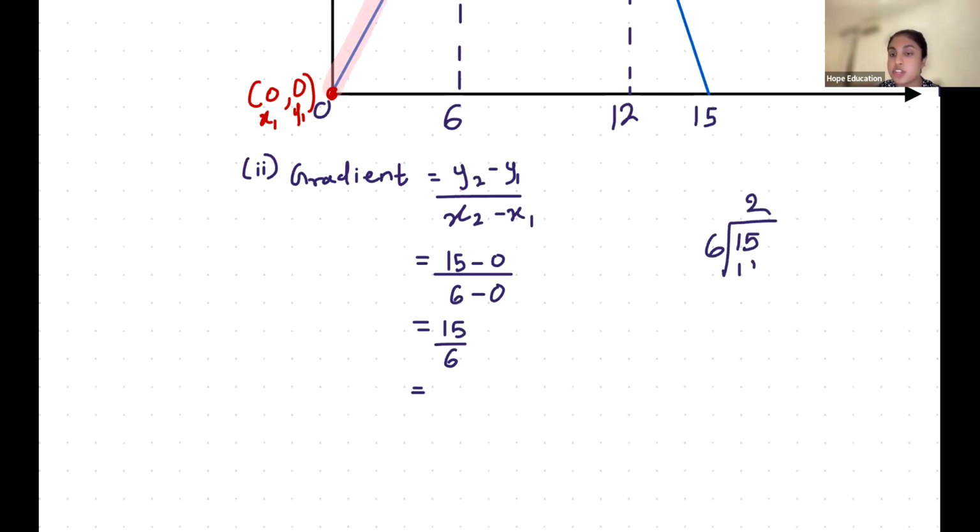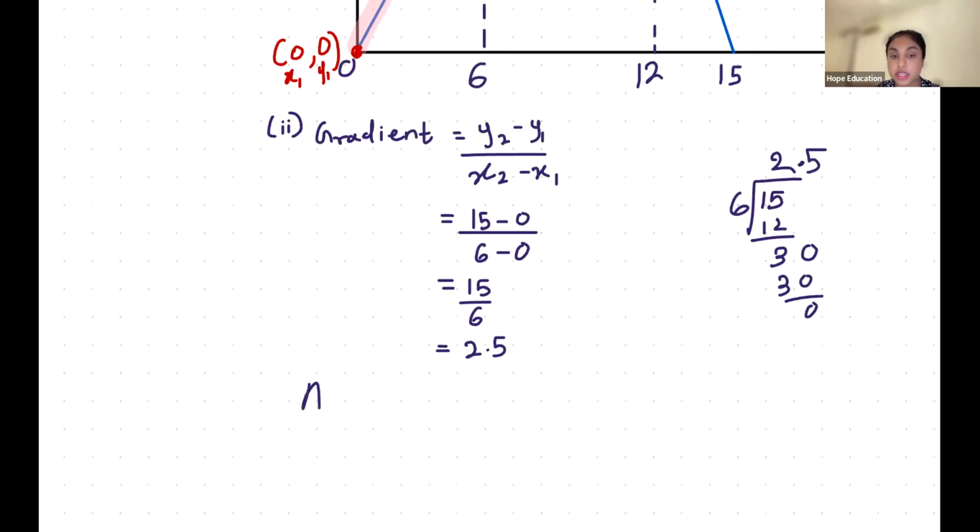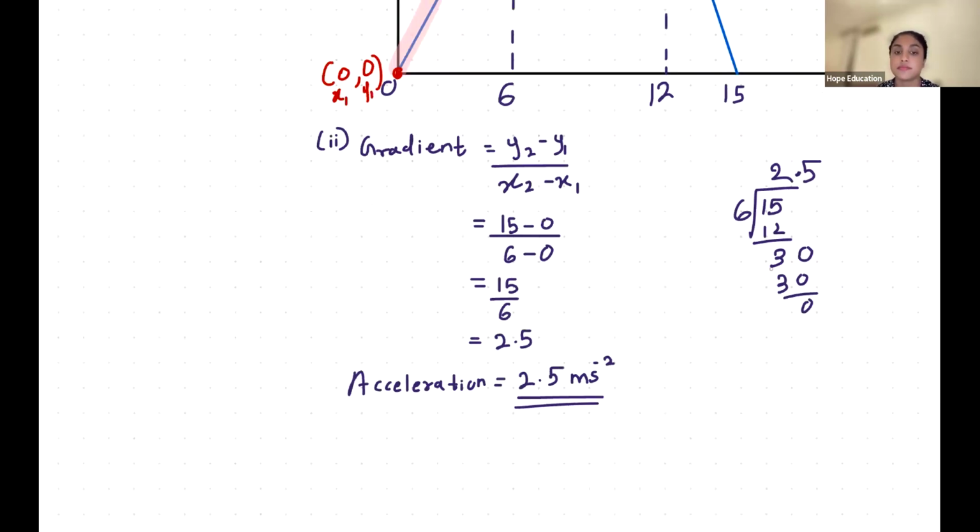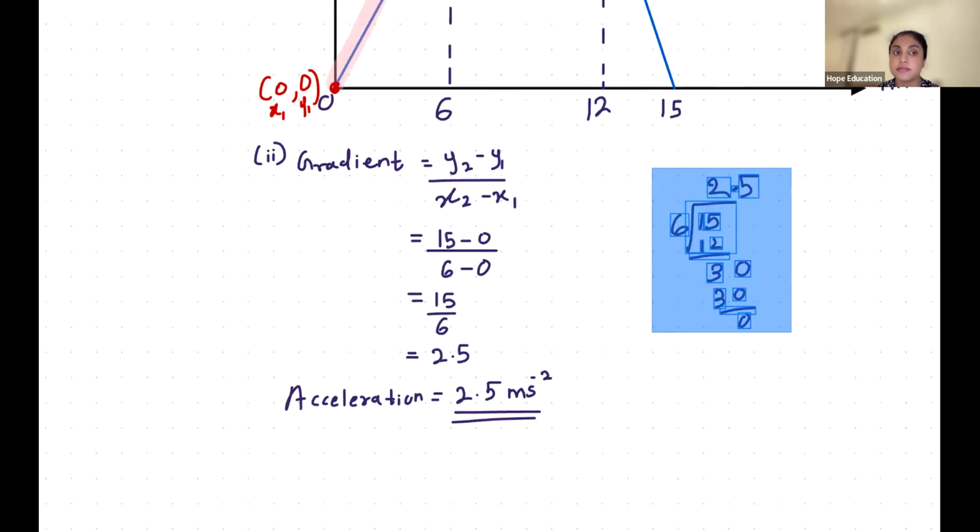I put a 0 and a decimal mark. 6 times 5 is 30. Our answer is 2.5. If the gradient is 2.5, the acceleration is 2.5 m s^-2. Is that clear to all of you?